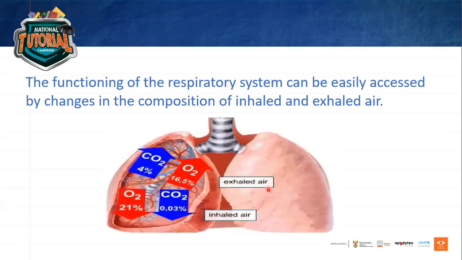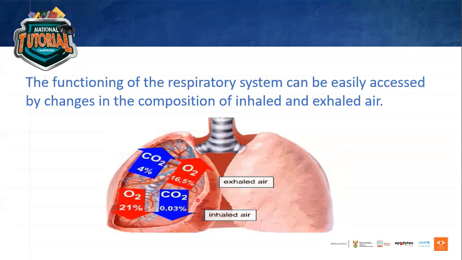And then the functioning of the respiratory system can be easily assessed by the changes in the composition of what? Inhaled and exhaled air. Let's look at this one here. With inhaled air, you will have more oxygen inhaled and some proportions of carbon dioxide inhaled as well.